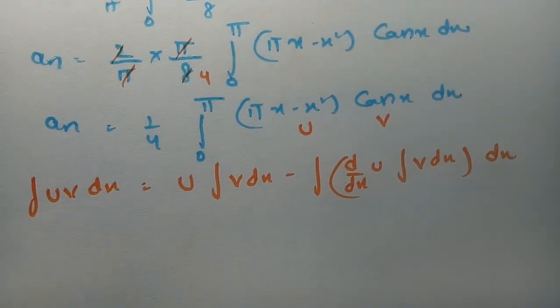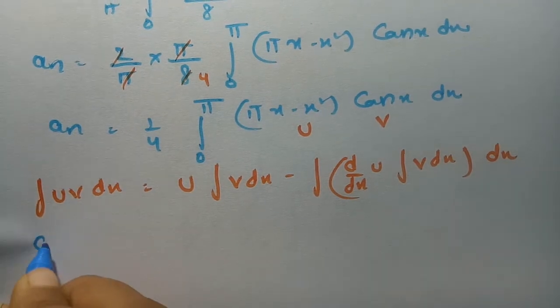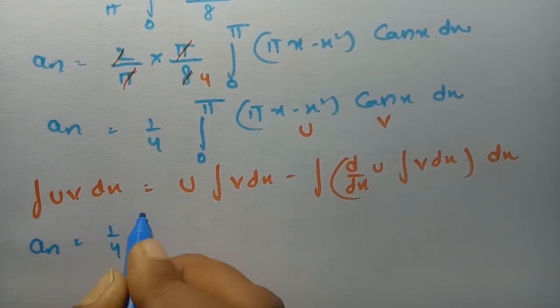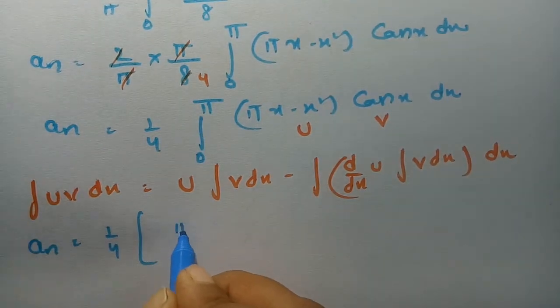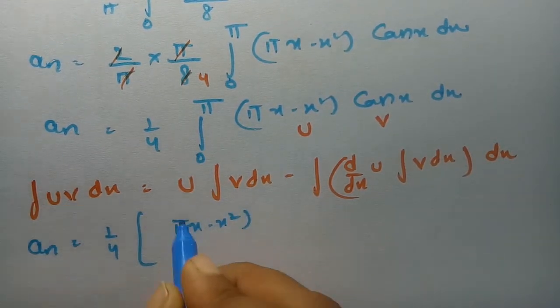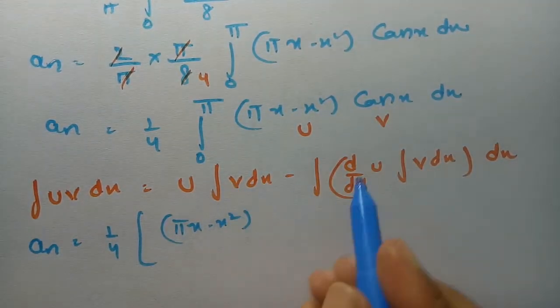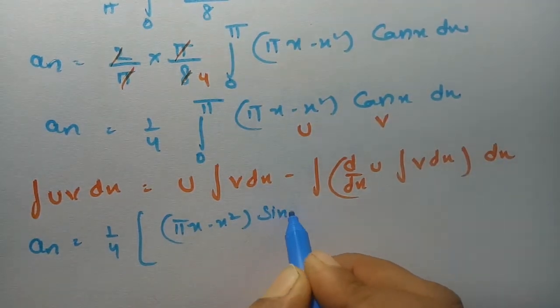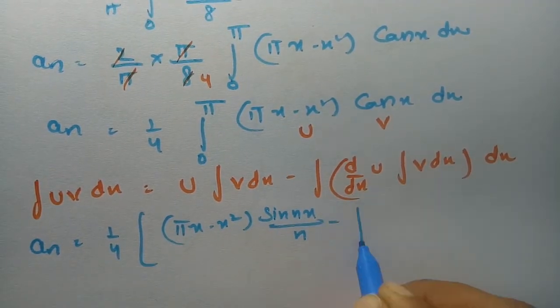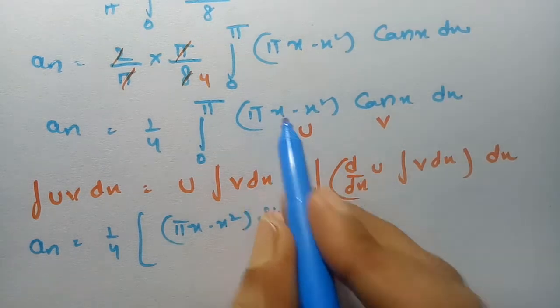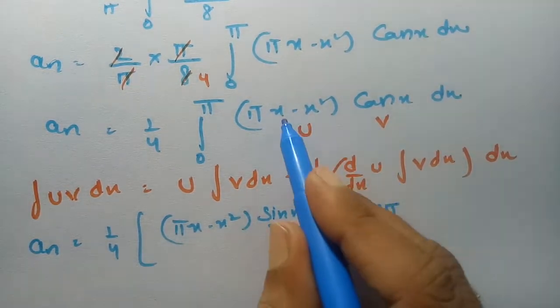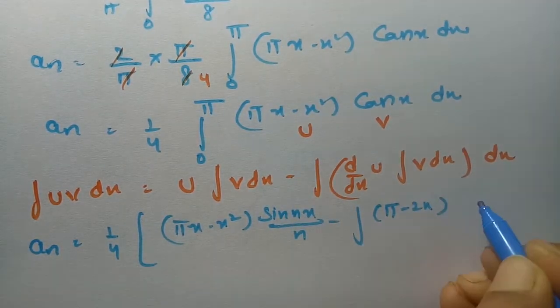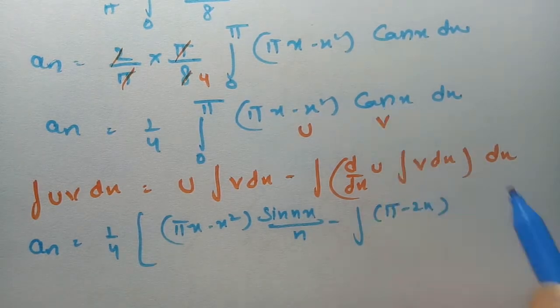Now an value is going to become 1 by 4 times of, u we have to leave, that is pi x minus x square. v we have to integrate. For cos nx, this is nothing but sine nx by n, minus integral derivative of u. The derivative of u is, for x it is 1 and for x square it is 2x, and again we have to integrate v.